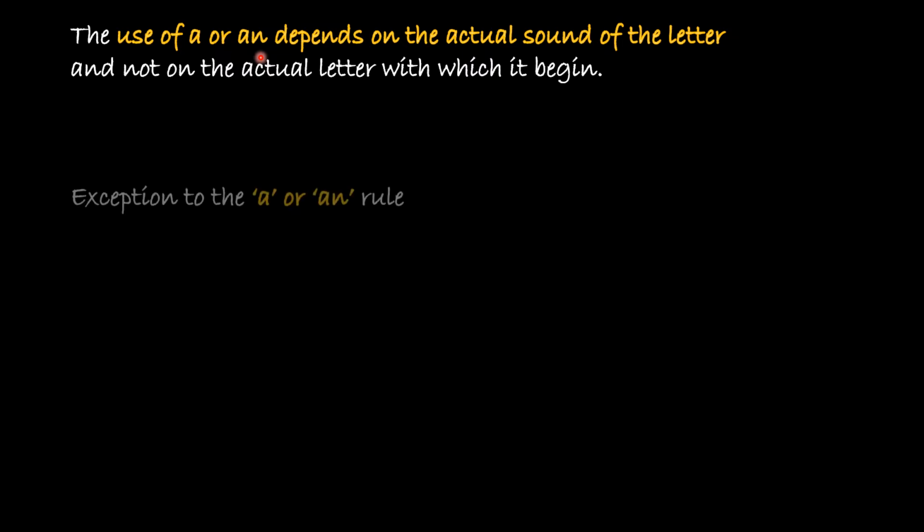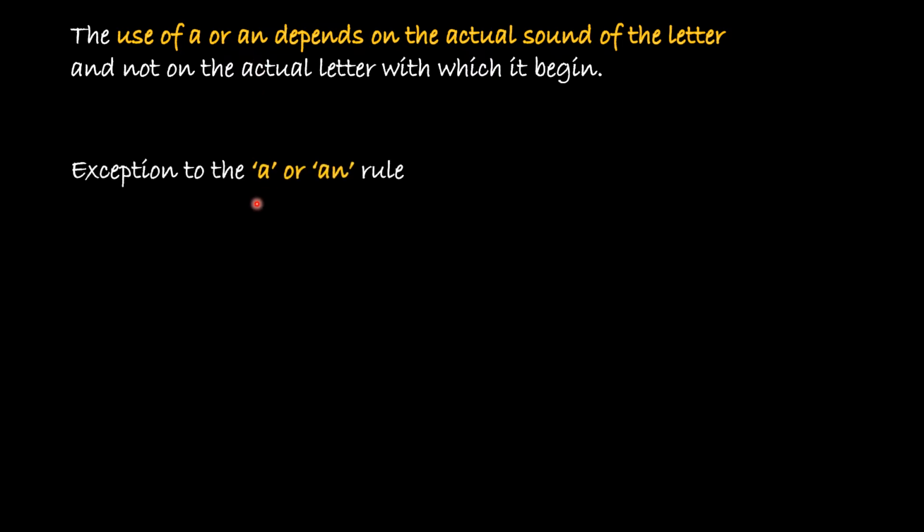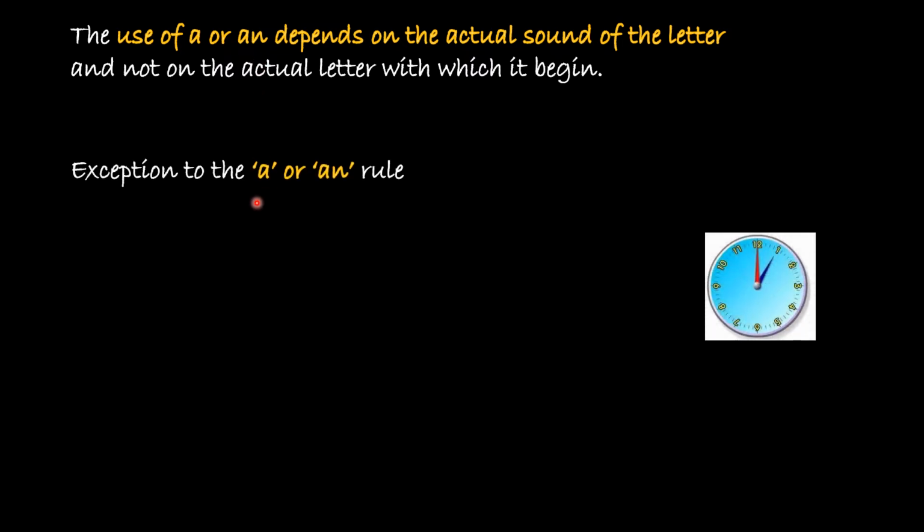So let us look into the exceptions to this rule. Now what is this? This is a clock. What does it show to us? It is showing time to us. Now here, consonant H. Now hour, the word is hour. It is starting with a consonant, but what is the pronunciation?